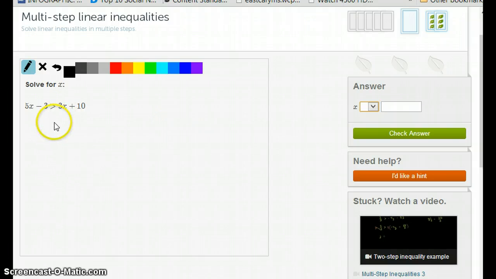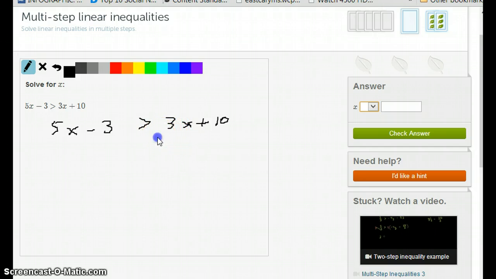Okay. Next one, we have 5x minus 3 greater than 3x plus 10. Since they want the answer in the form of x on the left side, how about if we maintain that? We want to get rid of x from the right side, because we want to just keep x on the left side.